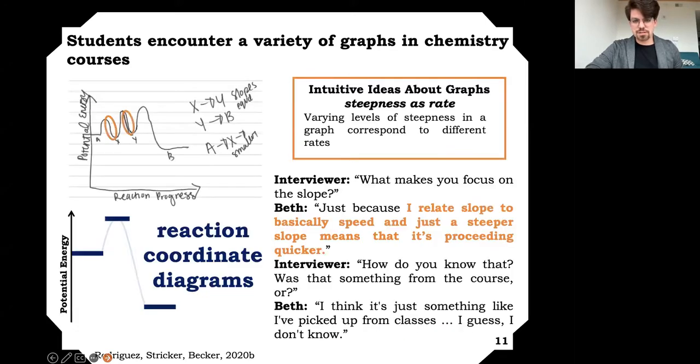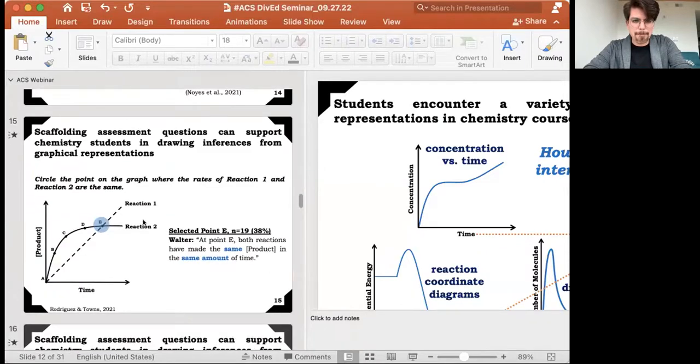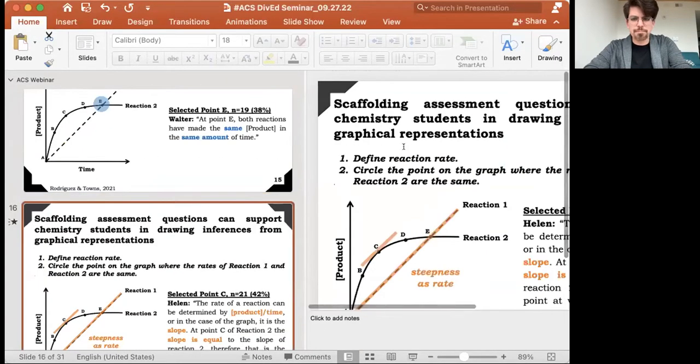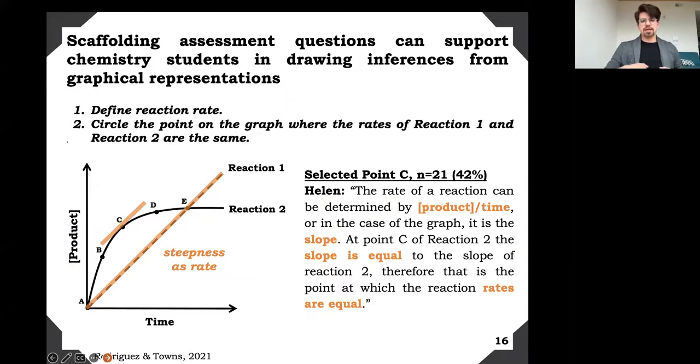So just going back to this question right here, if we think about how it could be phrased in a way that is more metacognitive as opposed to just "define reaction rate," I'm trying to think what that would look like as a metacognition suggestion.